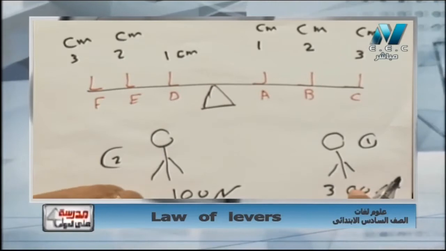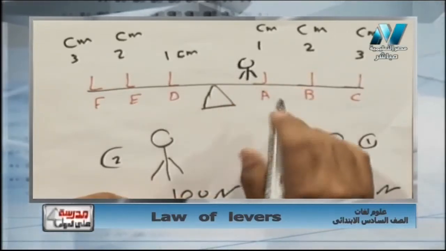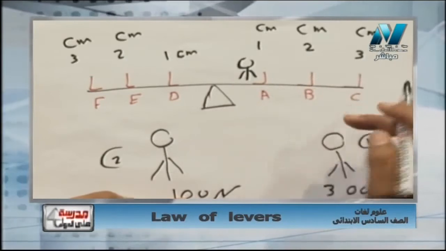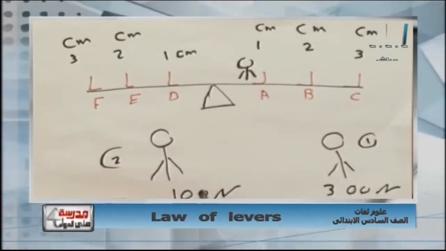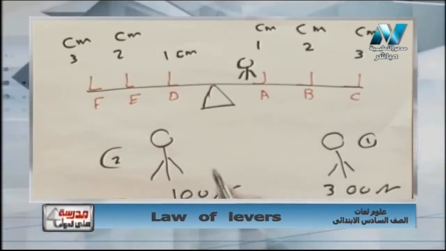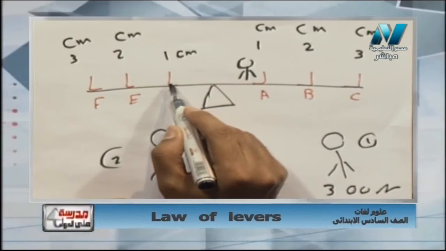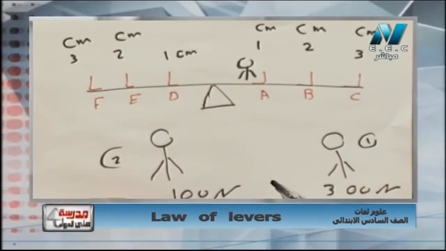Let's imagine together. If you put the one with 300 Newton here, this side will move down. Can you put the second object with 100 Newton on D? It will not be balanced. Why?